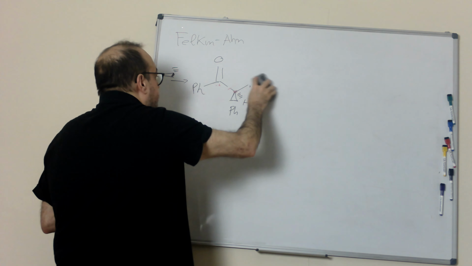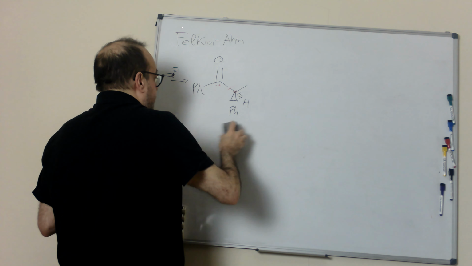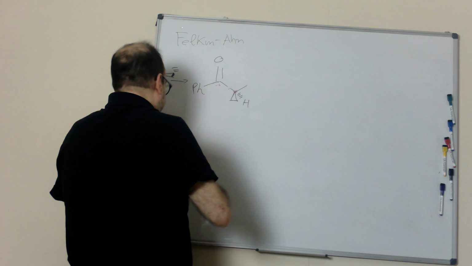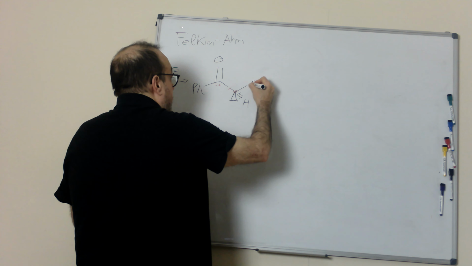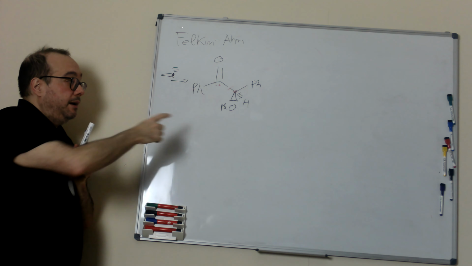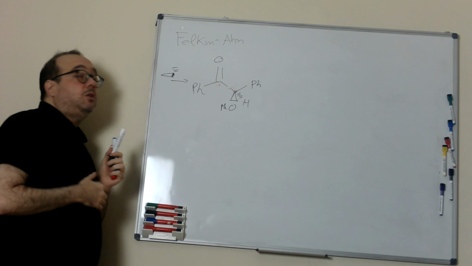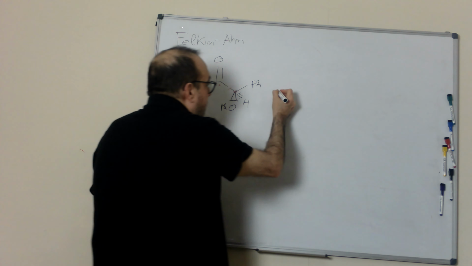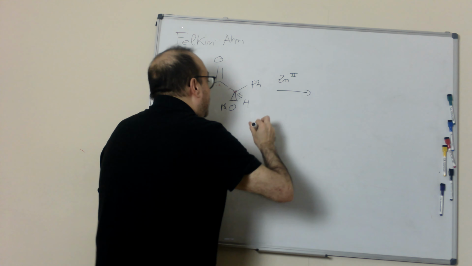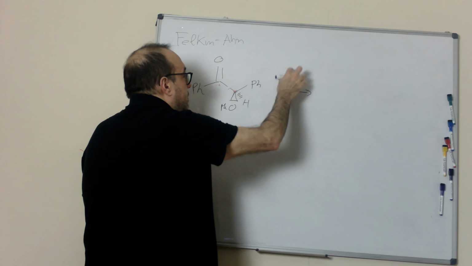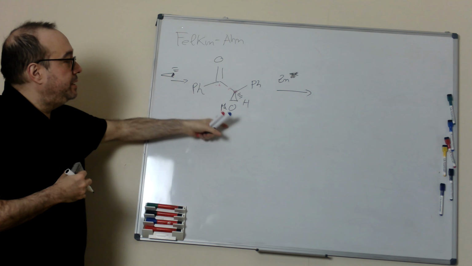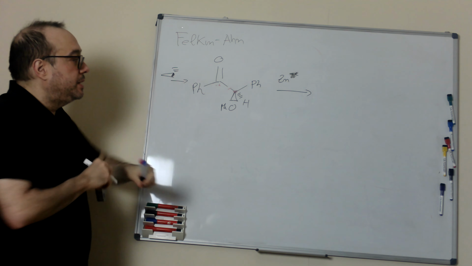For example, I have this one: normally a heteroatom that can coordinate with a metal. In this case, for example, I add a metal that can form a chelate between these two oxygens.